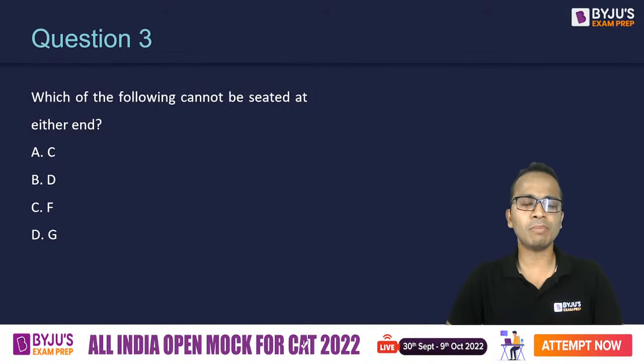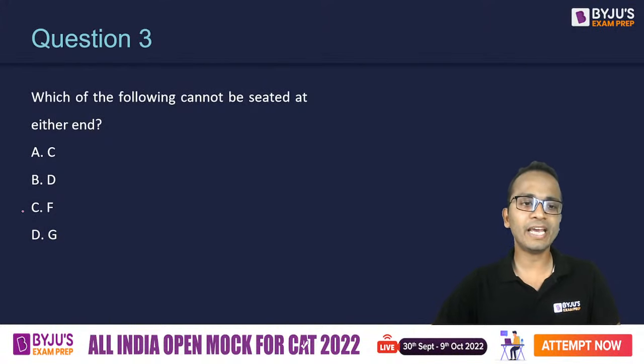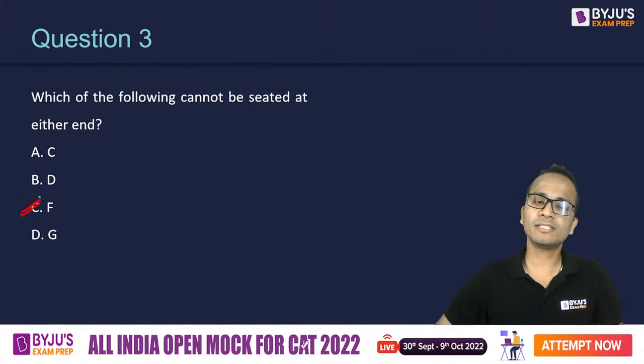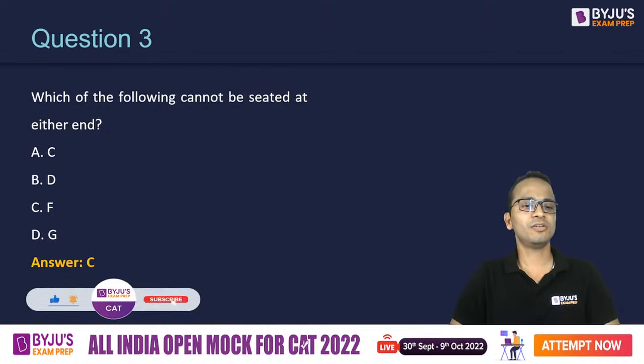So quickly you can mark this answer. So C can be at the first position, D can be at first position, G can be at the last position. So the answer should be F, that is option C. Okay. All right. So yes, the correct answer is option C.